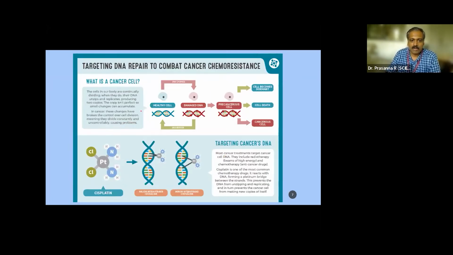Okay, we have discussed this already in the previous slide. You have a healthy cell, so you can have a DNA over here. Basically, I'm trying to give you an understanding of what a cancer cell is. In each cell you have a DNA, and the DNA produces RNA, and then that gets converted to a protein.